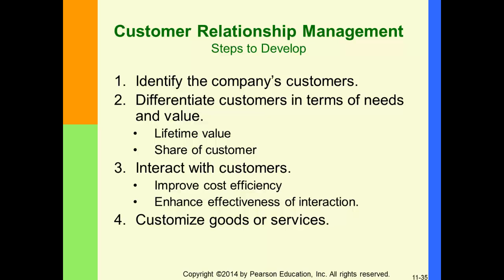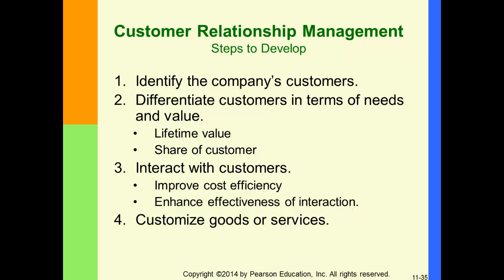The first step in being able to build a CRM program is to identify the customers who will be in the program. The second step is to use the database to differentiate customers in terms of needs and values using lifetime value figures and shares of customer figures.